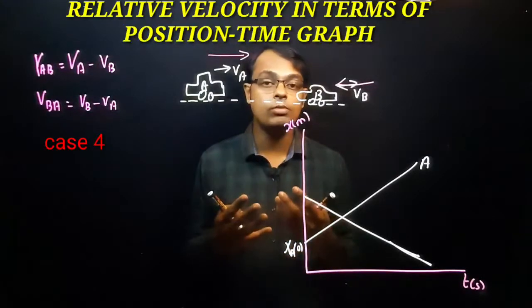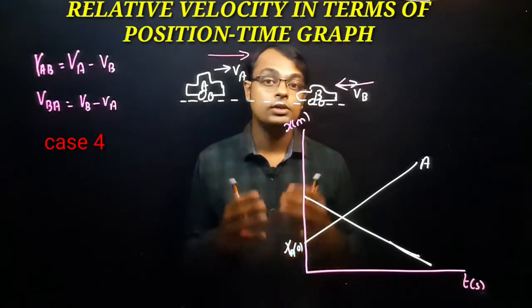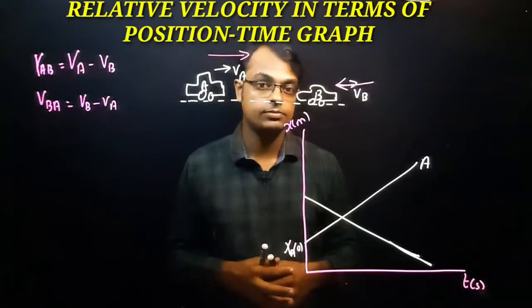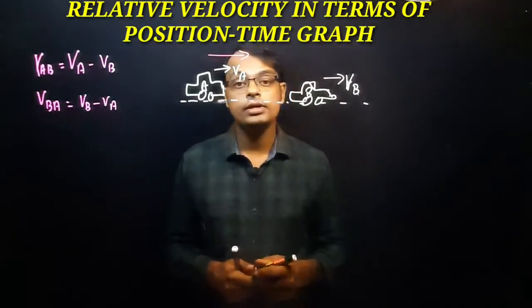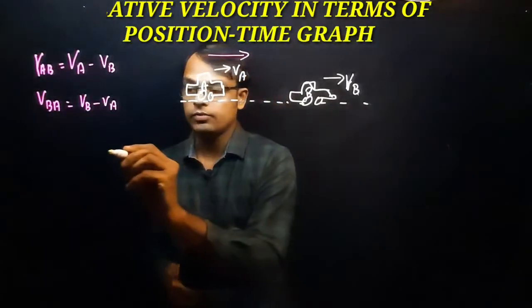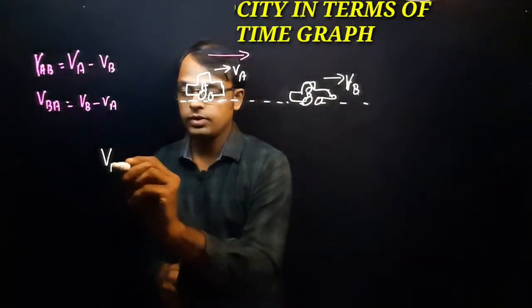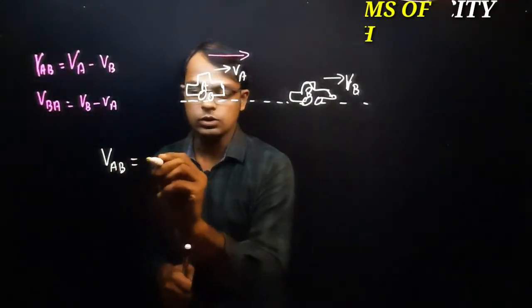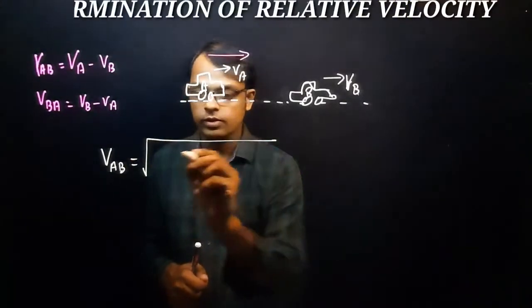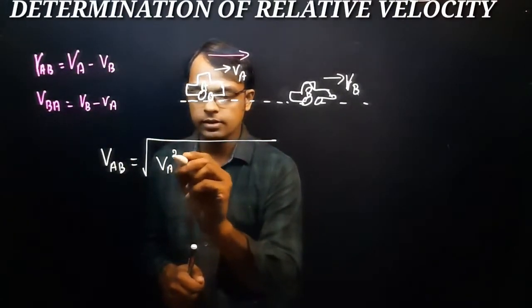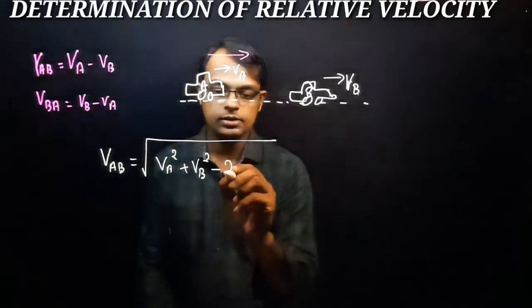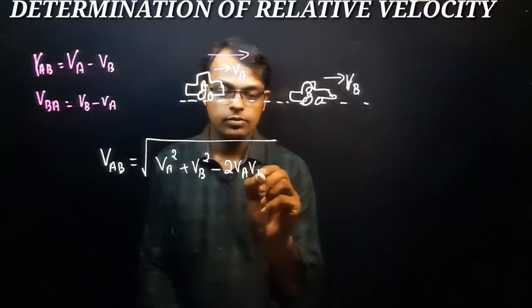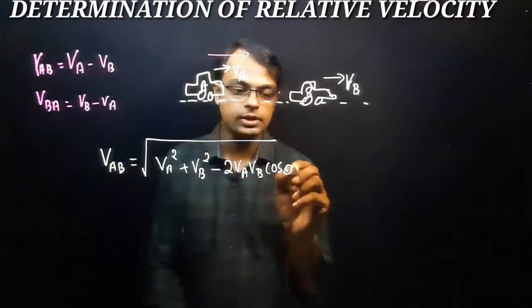Now let's discuss a formula for the relative velocity concept. The magnitude of relative velocity can be calculated using the general formula: VAB is equal to square root of VA square plus VB square minus 2 VA VB cos theta.